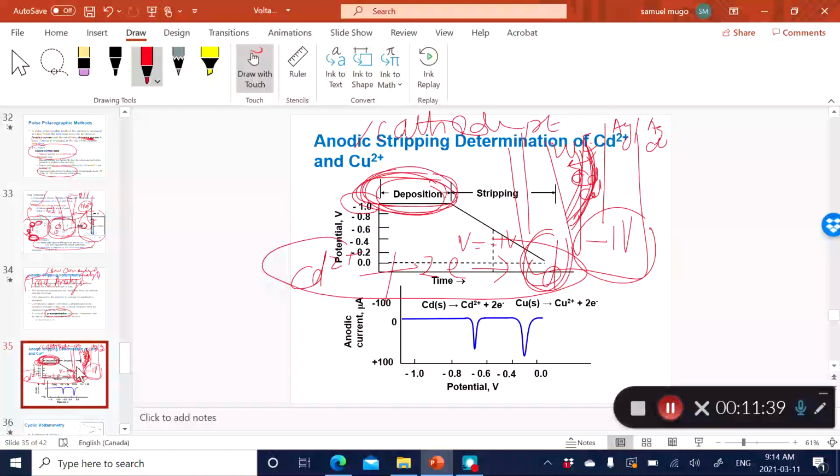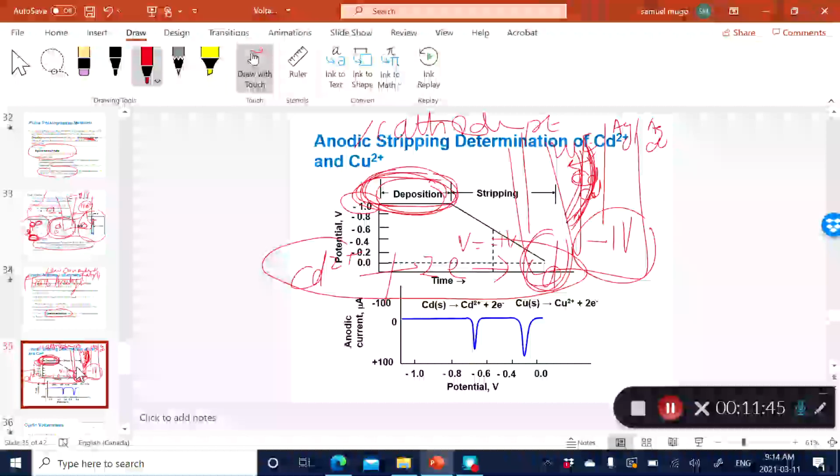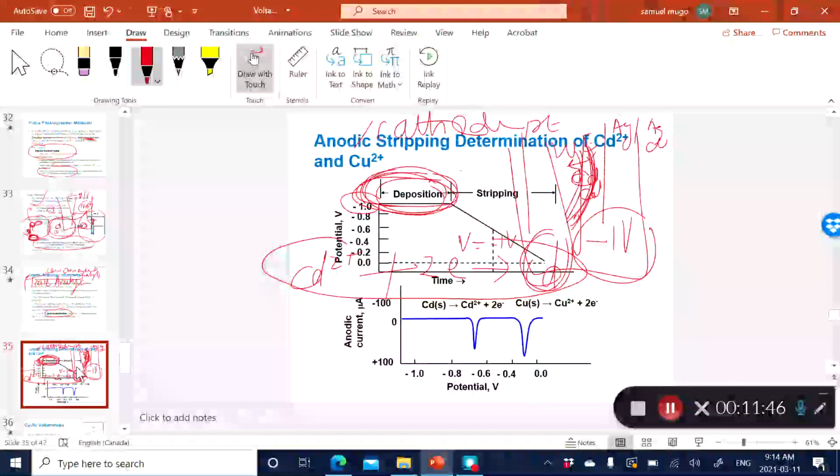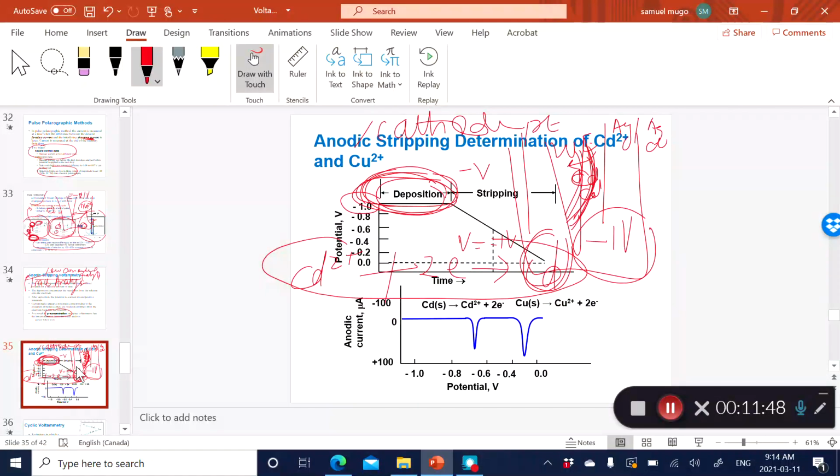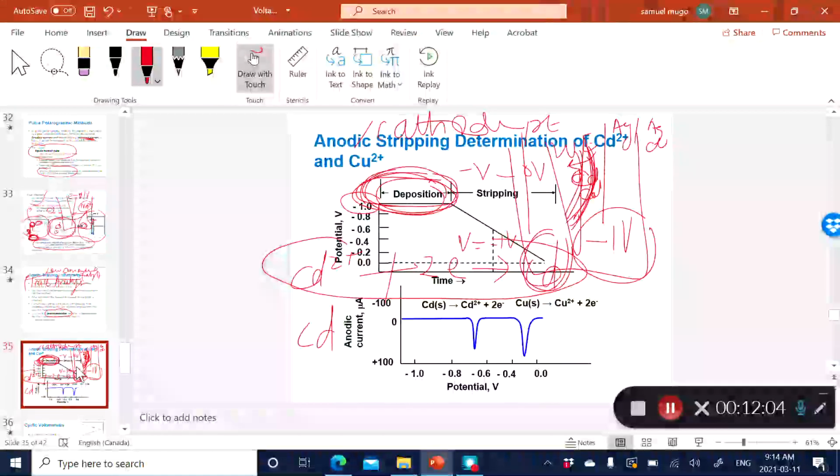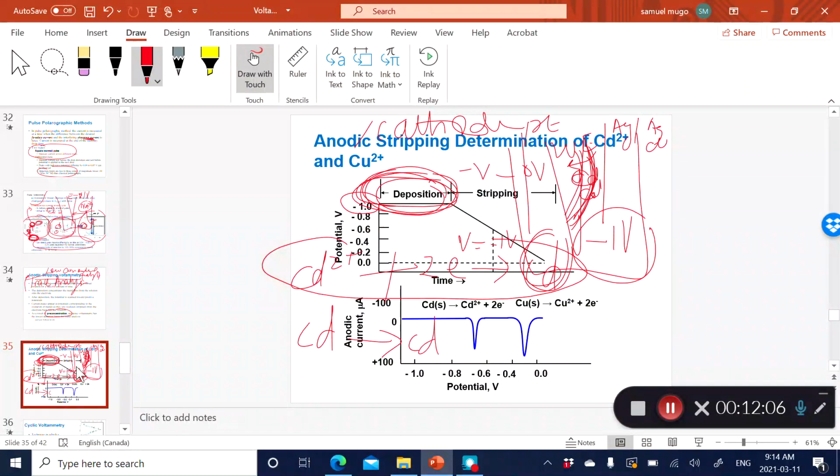Now, after that, I can change my potential and start increasing it, from -1 V to probably 0 V, okay? And so in that case, what would be happening is the reverse of reduction starts to happen, where the cadmium metal that was already coated onto my electrode surface now starts being oxidized back to cadmium 2+, plus the 2 electrons.